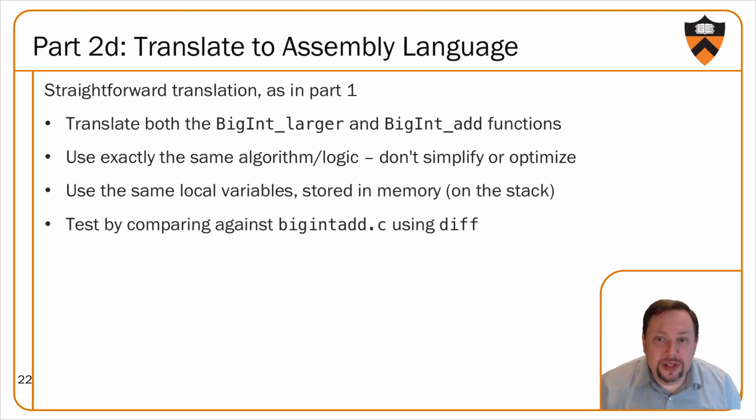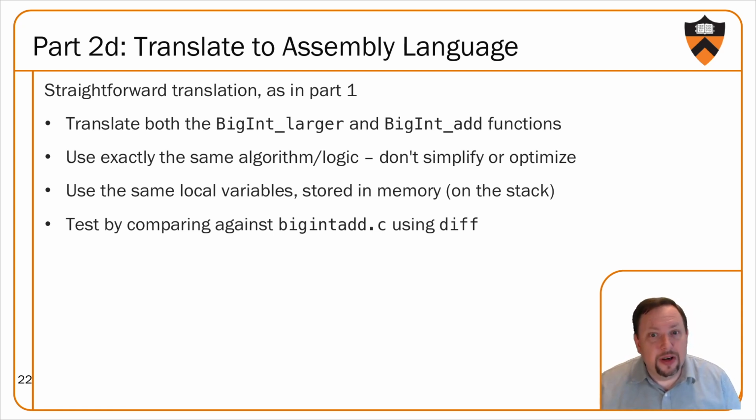So part 2D is going to be a straightforward translation, as in part 1. There's the main BigInt_add function as well as the little helper function BigInt_larger. You'll need to translate both of those, but no other functions. Again, we expect you to use the same algorithm, same logic. Don't optimize yet.